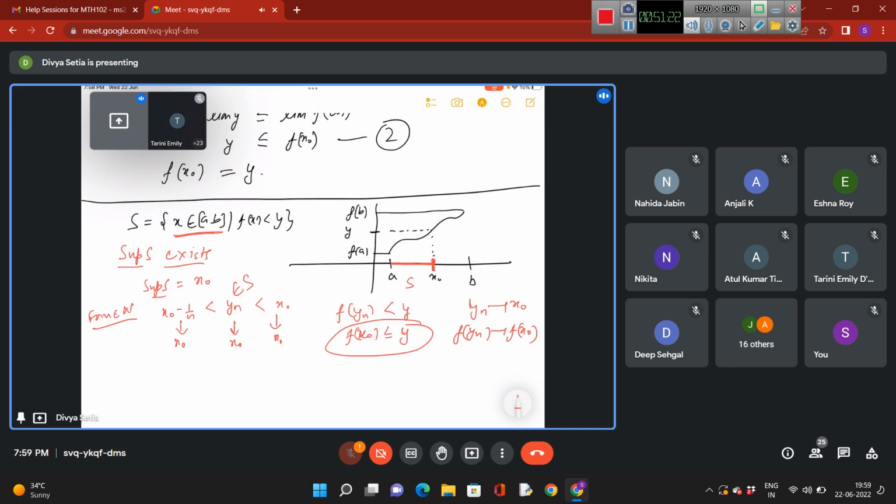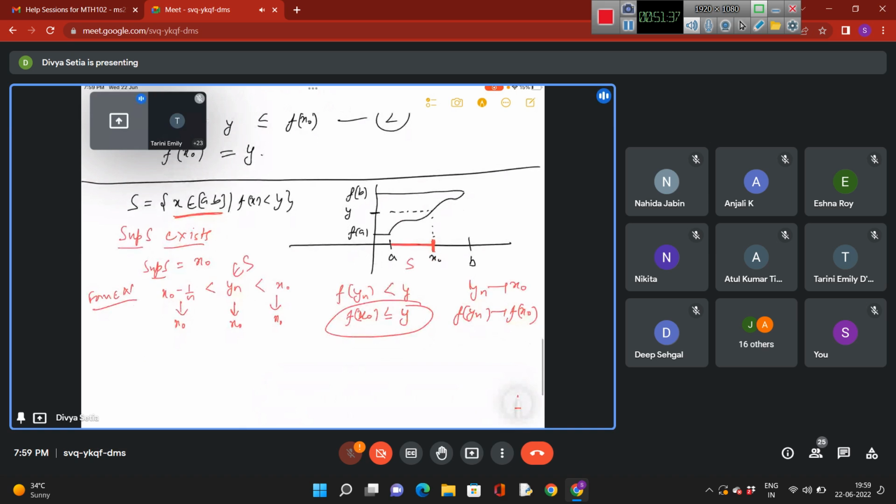Now you want to prove that Y is less than or equal to f of x naught. So you are creating a sequence. Let Tn be the minimum of x naught plus 1 by n and b.